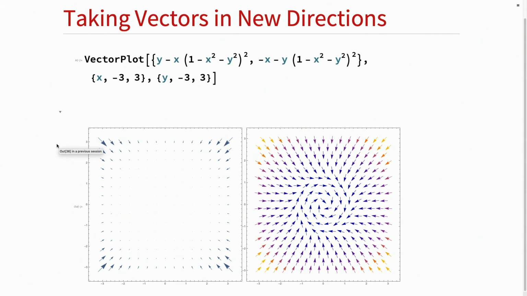And so there are multiple things going on here, some of which might be subtle. So obviously the vectors are larger. By default, in the new design, the vectors all have the same length, rather than being scaled according to their norms.